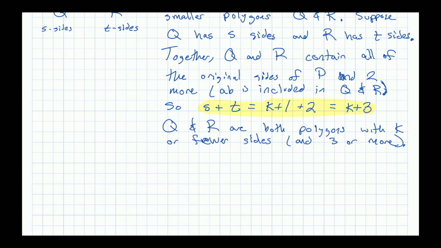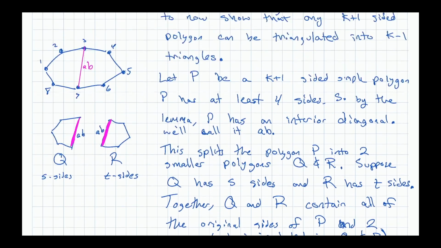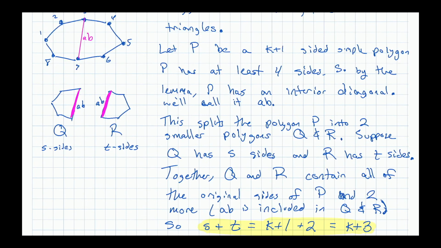But just thinking about this, we never said it anywhere, but if you take a polygon and you put the interior diagonal like this, then the smallest you could split Q or R into would be like this size right here, a three-sided polygon.